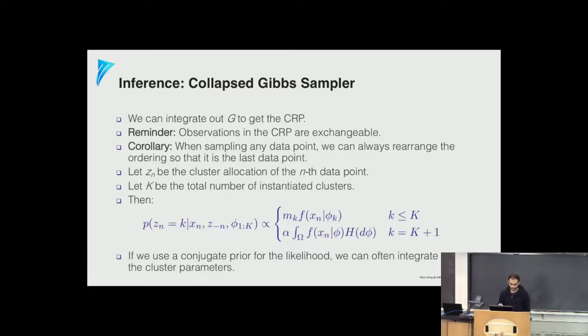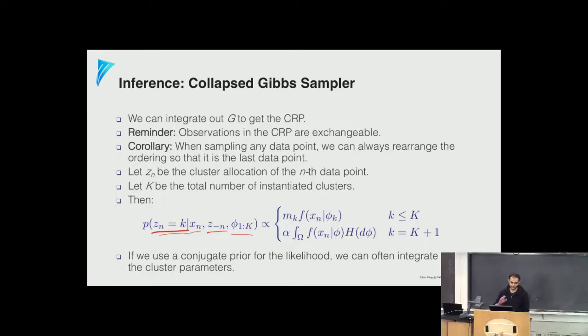Right? So the idea is that if we collapse or integrate out the measure, we would be able to come up with this distribution over assignments for the nth point, given the assignments of the previous points, and given the components from 1 to k.